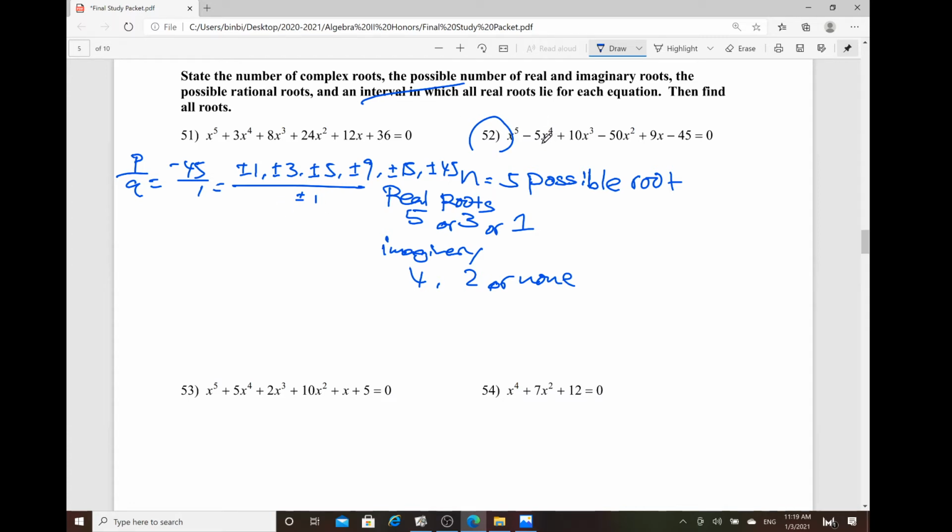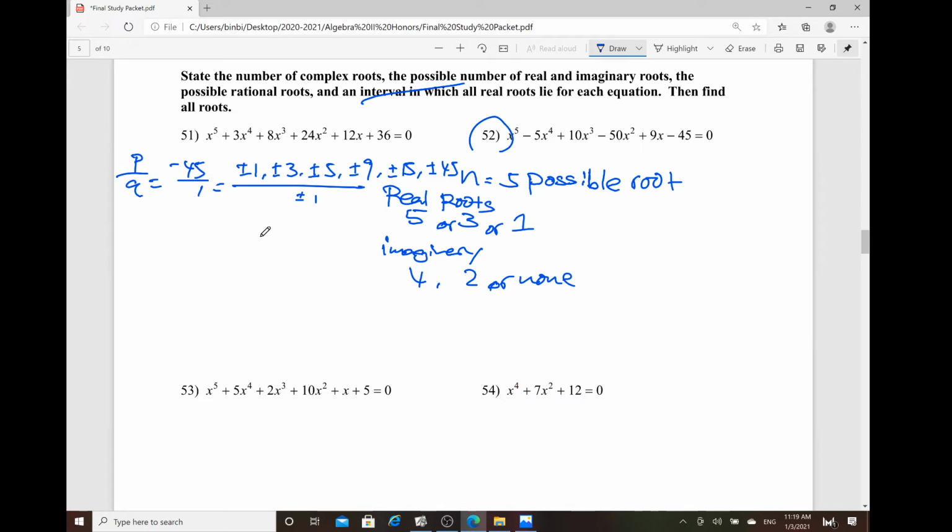Okay, so the first thing I want to find out is the characteristic of the numbers here. So we got 1, negative 5, 10, negative 50, 9, and negative 45. And it looks like the majority of the numbers are divisible by 5. So you probably want to start with 5 first and see whether that's a real root or not. And then once you end up with an even power, you can either factor it or continue with the synthetic division with the rest of the possible roots.